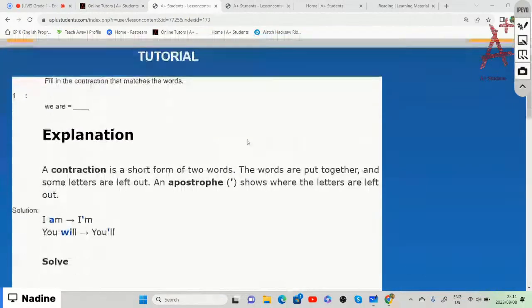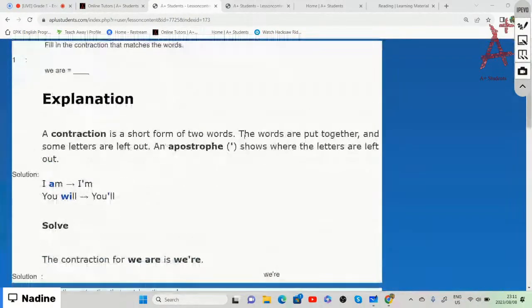All right. So now if we go to our very first question, it says fill in the contraction that matches the word. We are. We are is two words, and we need to form a shorter form of the words we are.